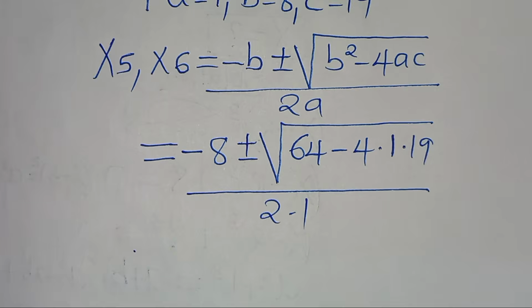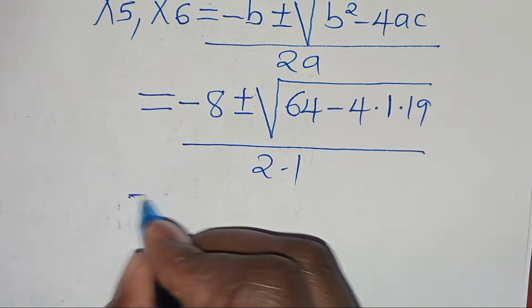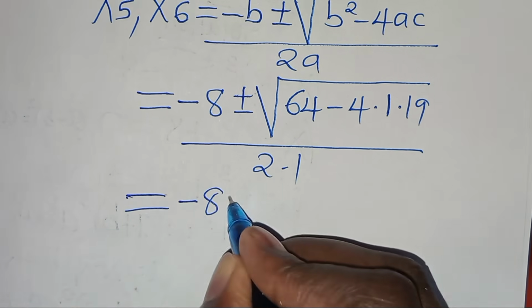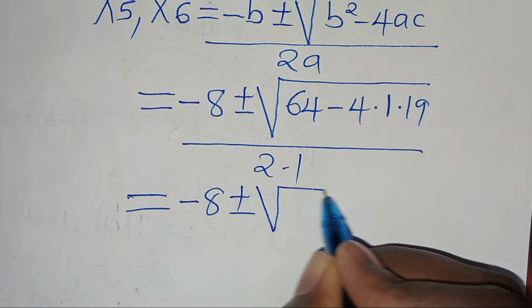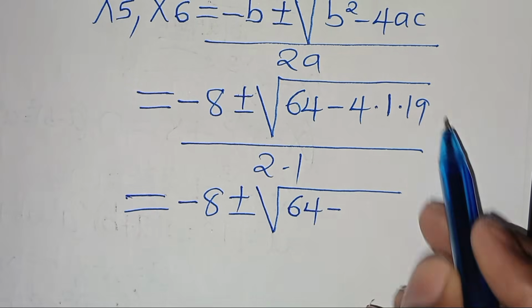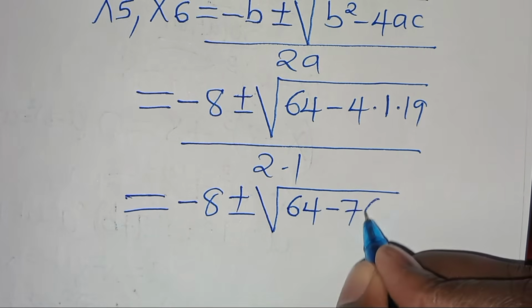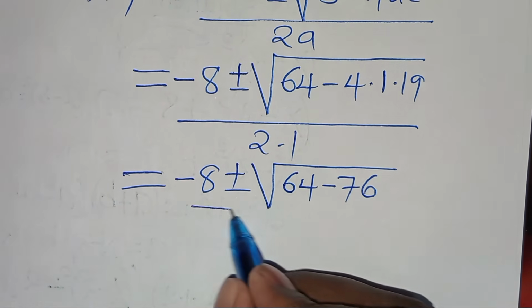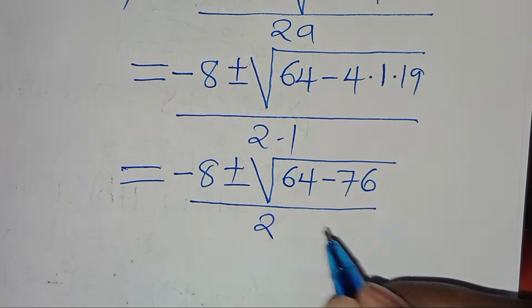Now here we have minus 8 plus or minus the square root of 64 subtract 19 times 4, which is 76, everything divided by 2.